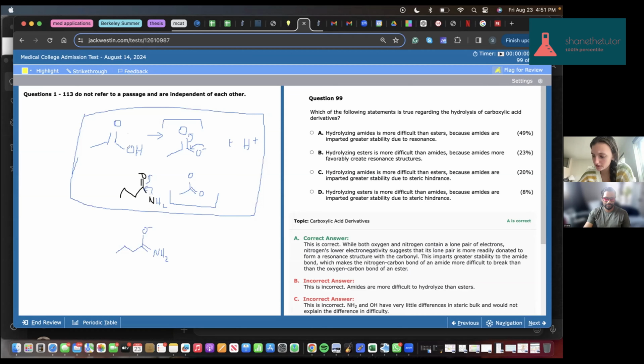So the OH gets broken into the acid and a hydrogen. Say that again? For carboxylic acid. So which one is the acid?